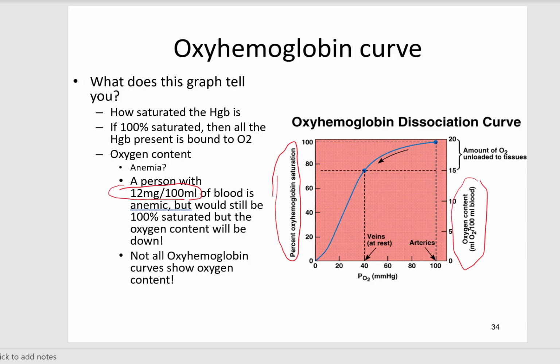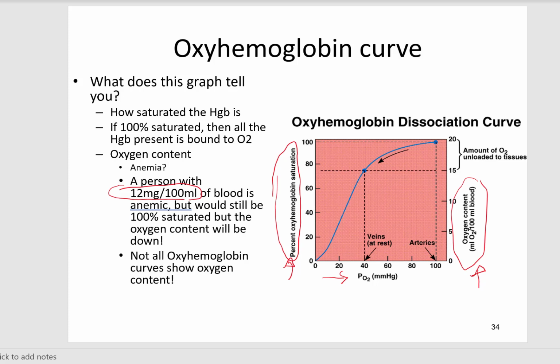You see, the x-axis and y-axis shown here for PO2 and percent oxyhemoglobin saturation tells you nothing about the person's hemoglobin grams percent. But the other y-axis that shows oxygen content, shown here, is showing you a normal oxygen content, assuming a normal hemoglobin grams percent of 14 to 16.